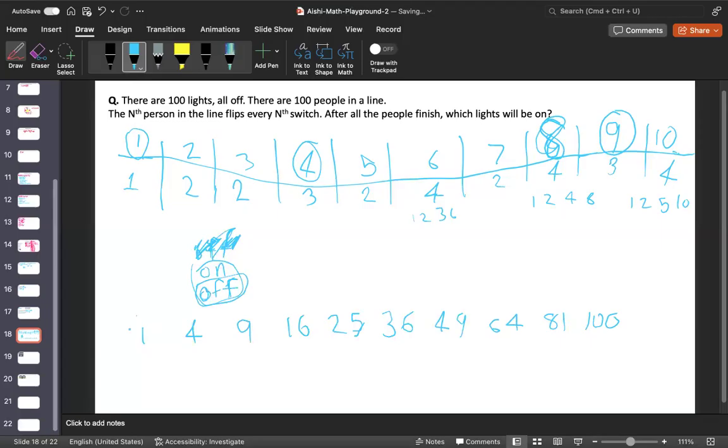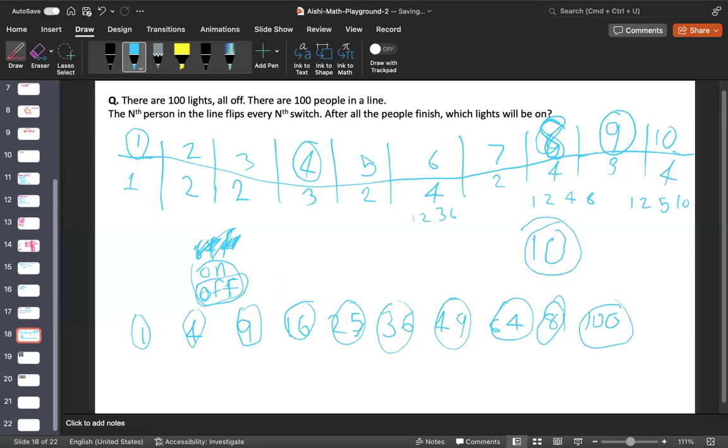So how many is that? 1, 2, 3, 4, 5, 6, 7, 8, 9, and 10. So 10 lights will be on.